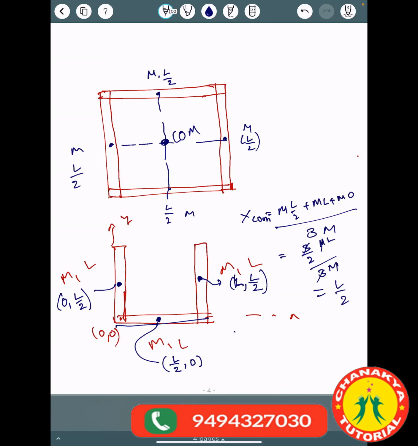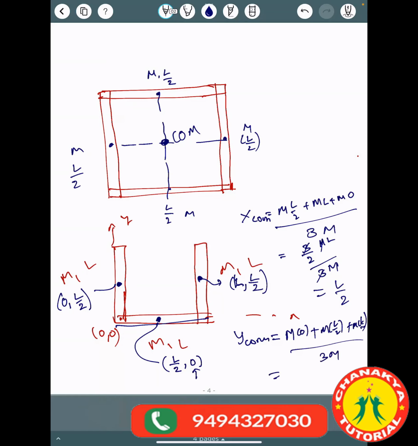What is y? Y center of mass, anybody? M into, see, M into first one is 0, the y coordinate, plus second M into L by 2, plus third M into L by 2, divided by 3M.